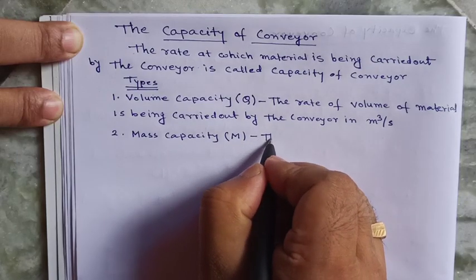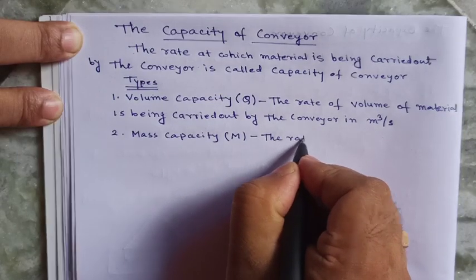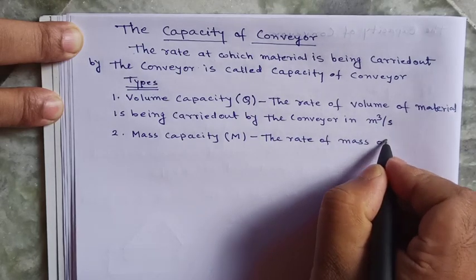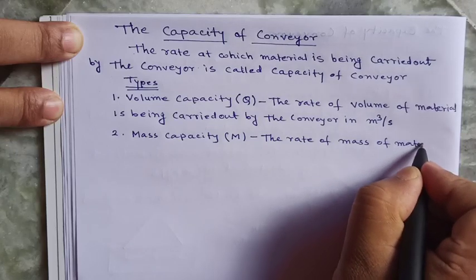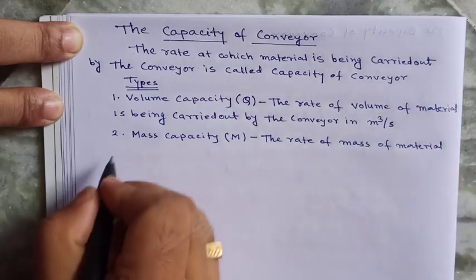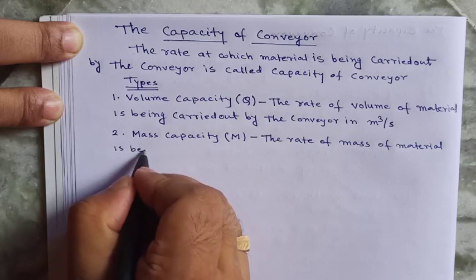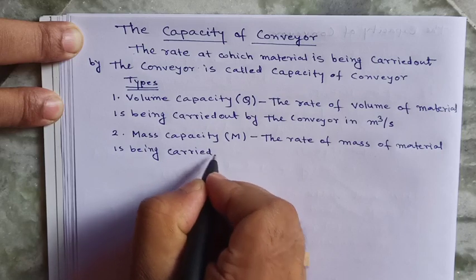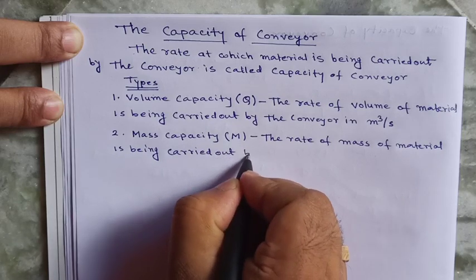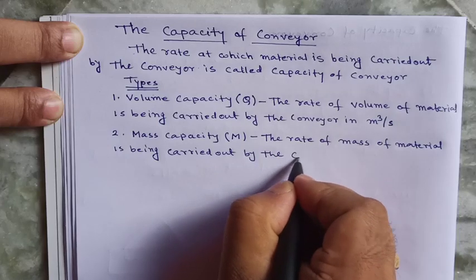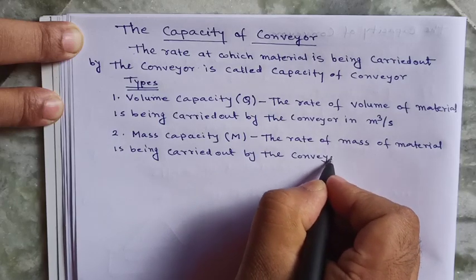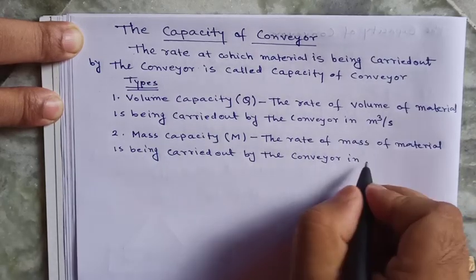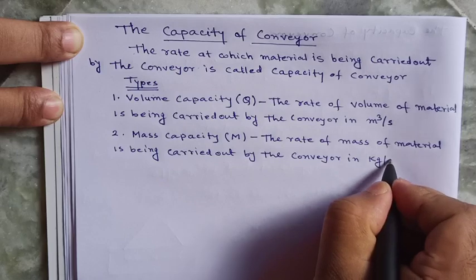So the rate of mass of material being carried out by the conveyor in, as it is mass, kg per second.